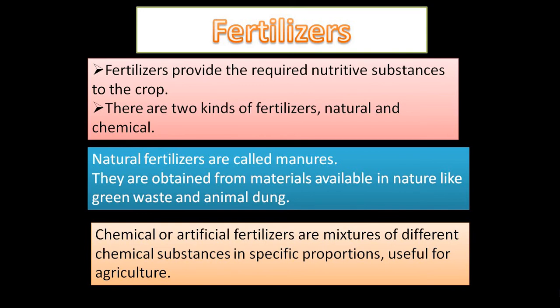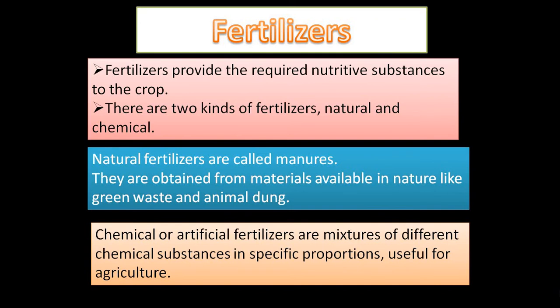Natural fertilizers are called manures. They are obtained from materials available in nature like green waste and animal dung. Chemical or artificial fertilizers are mixtures of different chemical substances in specific proportions useful for agriculture.